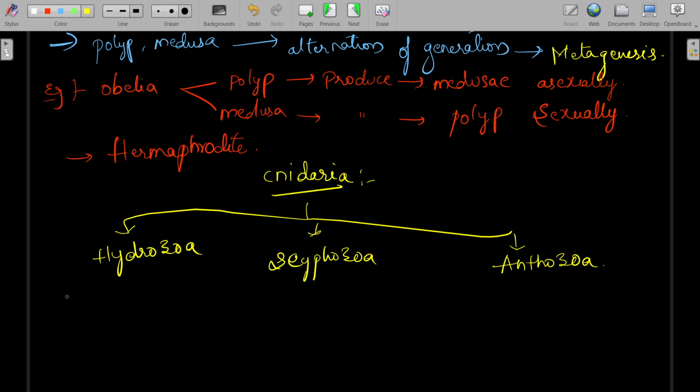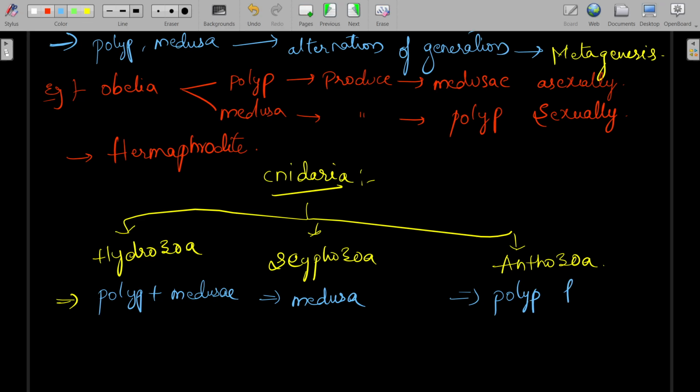Hydrozoa show polyp plus medusoid forms. Scyphozoa show only medusa forms. Anthozoa have only polyp forms. Anthozoa is also called Actinozoa.